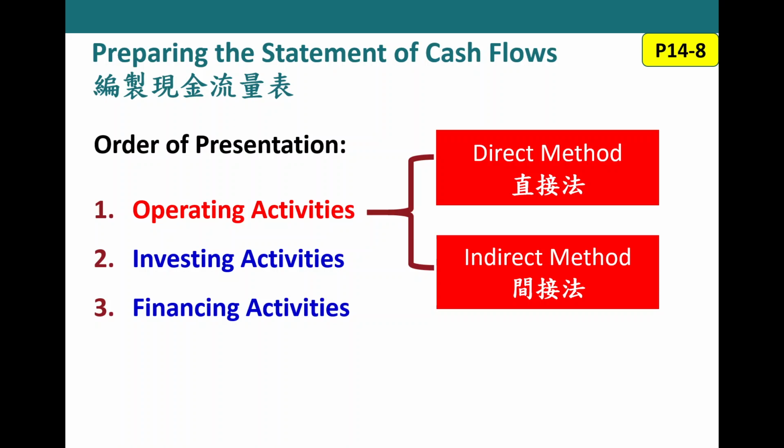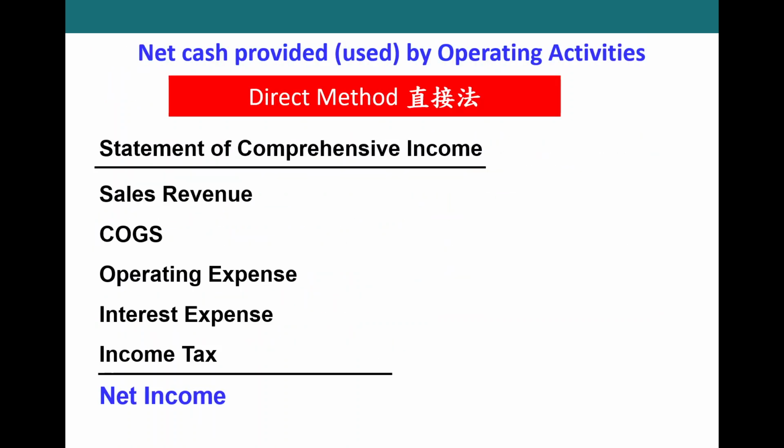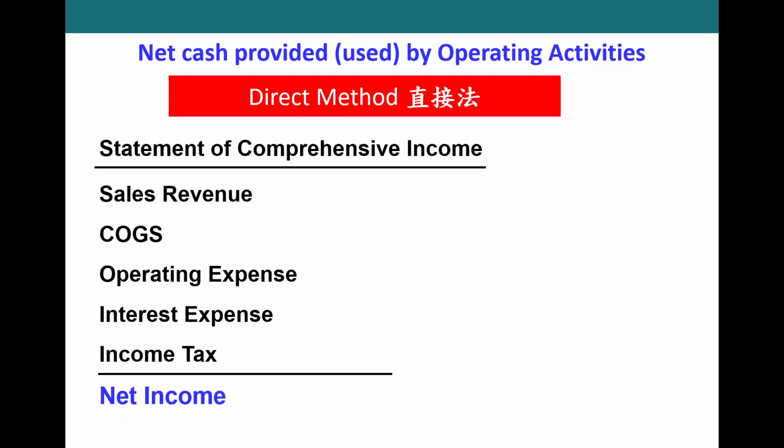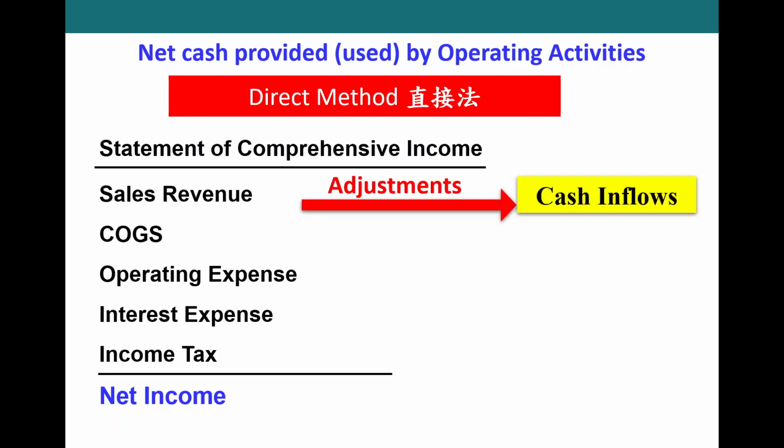So the direct method, what does it mean, the direct method? You can go to your slide on page 30. The direct method means based on each item we already have on statement of comprehensive income. For example, sales revenue, cost of goods sold, interest expense, income tax. Based on each item we already have, then we do some adjustment to note each item's cash flows.